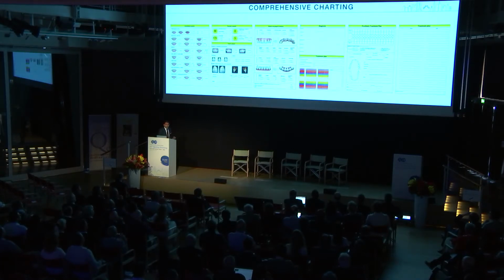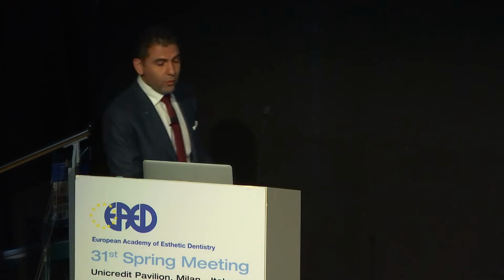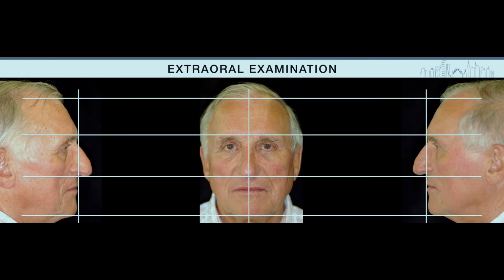We go through comprehensive charting that we developed with the help of a couple of postgraduate students at the University of Freiburg. We start, of course, with an extraoral analysis. We check the proportions and the profile, and you can see that we have relatively symmetrical proportions.